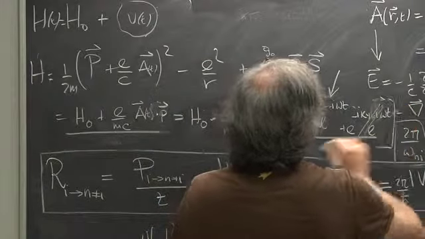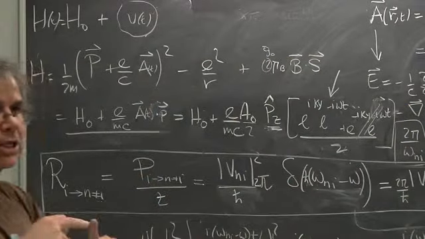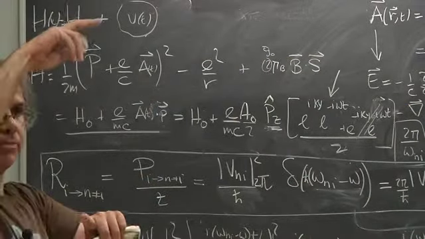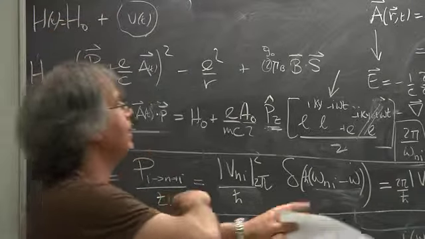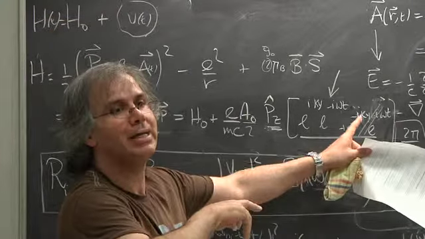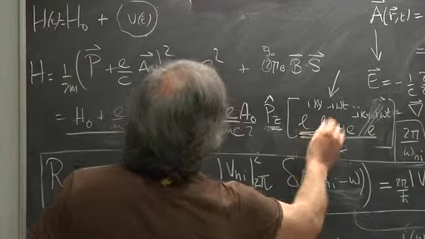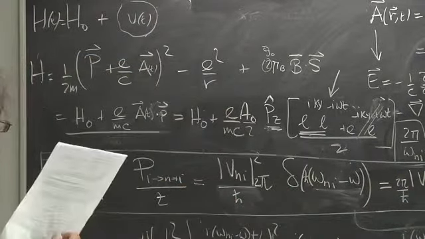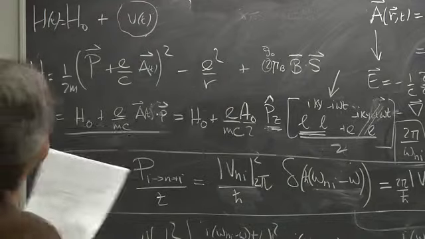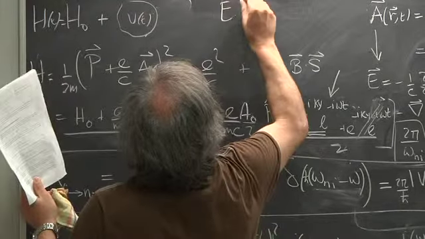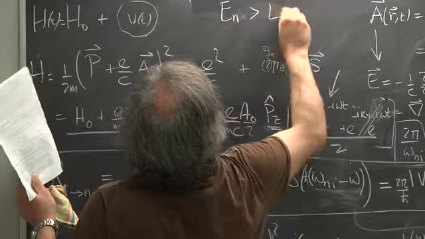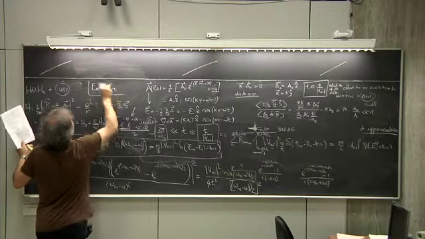So you can actually drop this if you are describing the excitation process, or drop the other if you are describing the de-excitation, okay? So let us concentrate on excitation, and we keep just that, okay? So I'm looking for En greater than Ei, okay? Excitation.